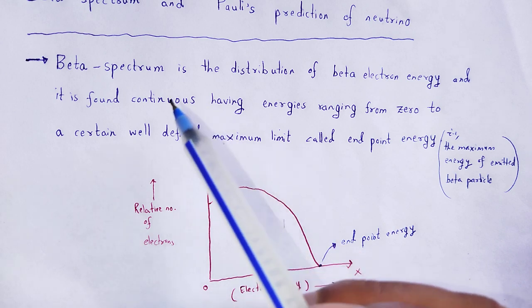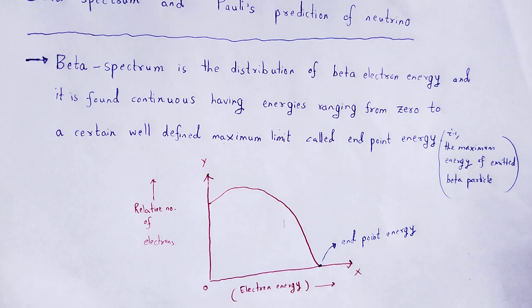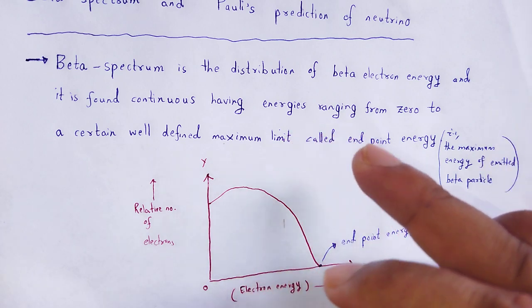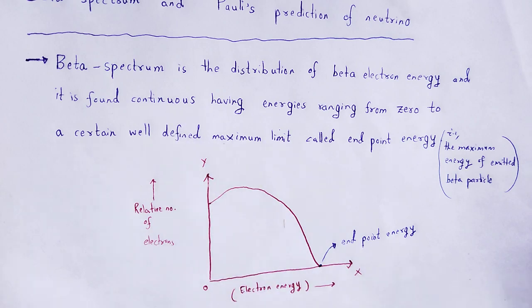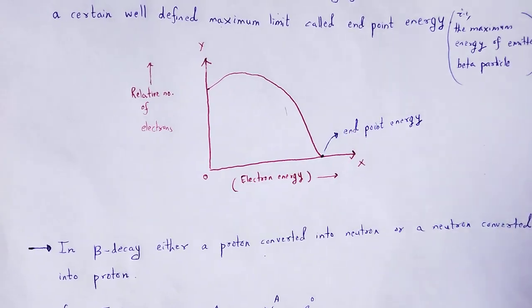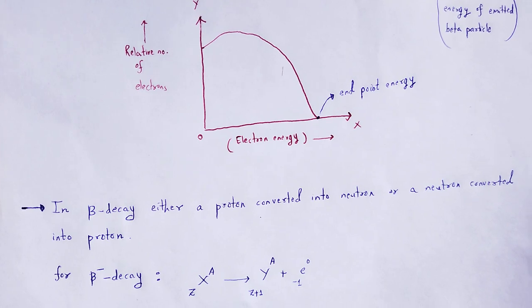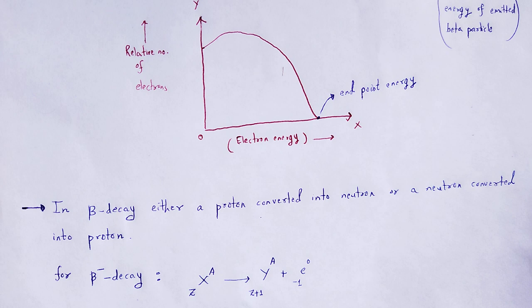Let us come to the beta decay process, and under that beta decay process we understand the beta spectrum. When the radioactive nuclei are unstable, they try to become stable by adopting various types of decay process. It may be alpha decay, beta decay or gamma emission.